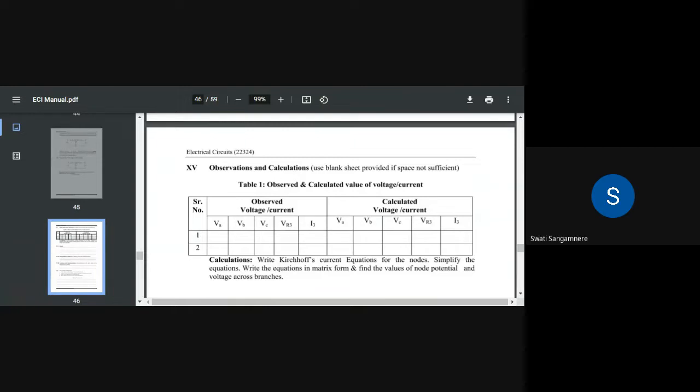Okay. So if the observed and calculated values are equal, we can prove the nodal analysis experiment.